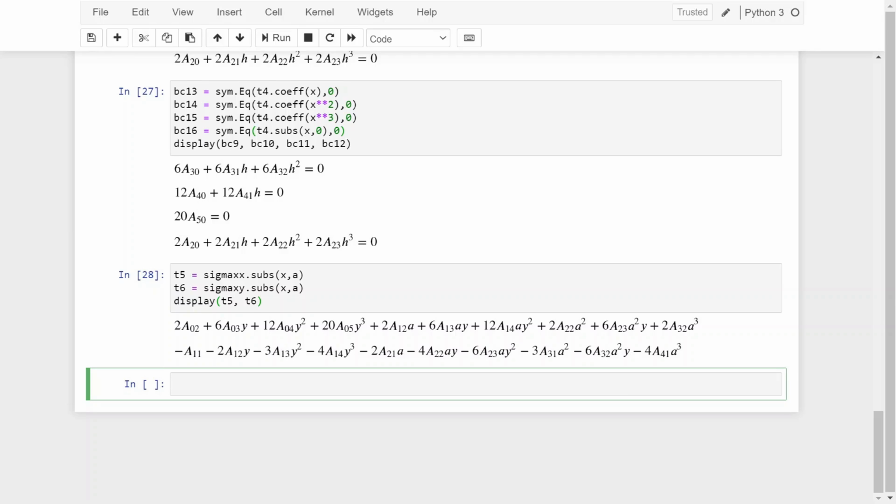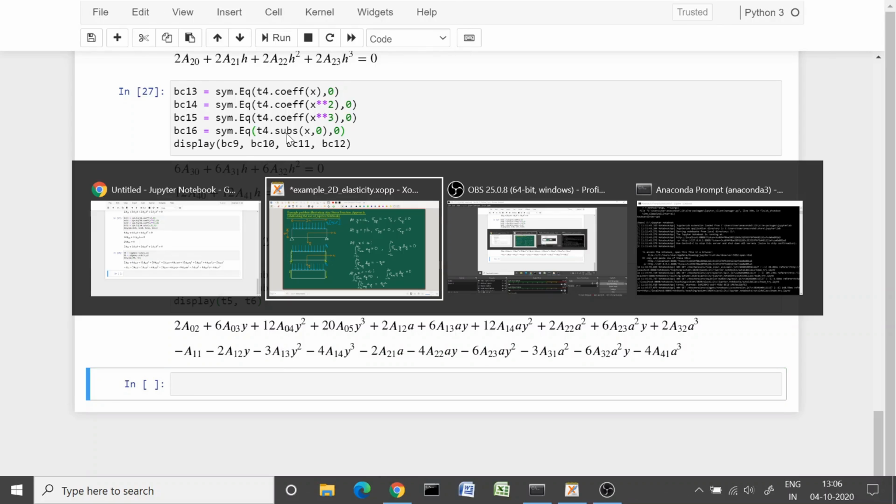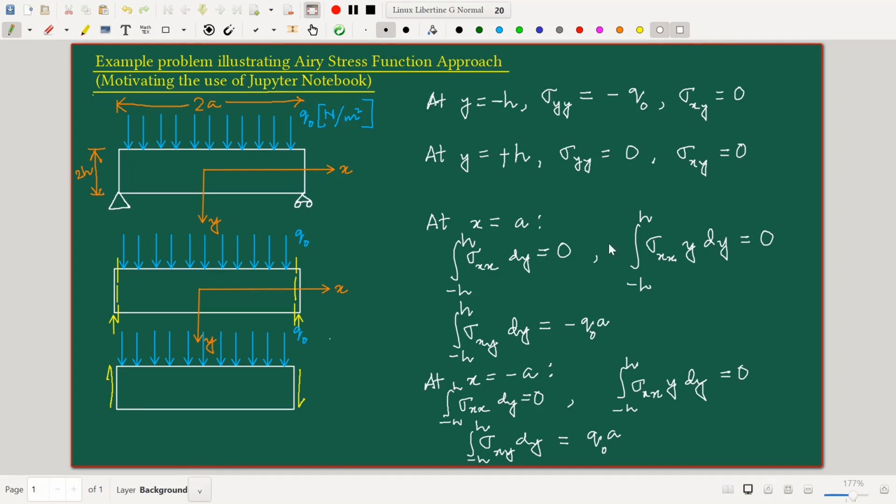If we do exactly like this, then we'll end up with conditions which will not be proper, because this integration of sigma xx dy equal to 0 does not necessarily mean that sigma xx is pointwise 0 all over from y equal to minus h to y equal to h.